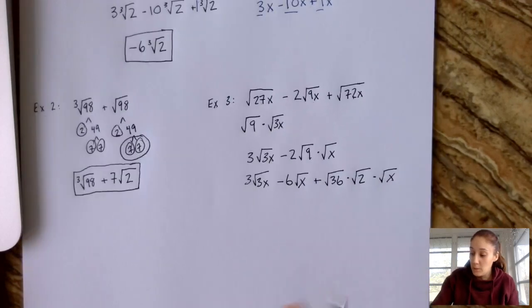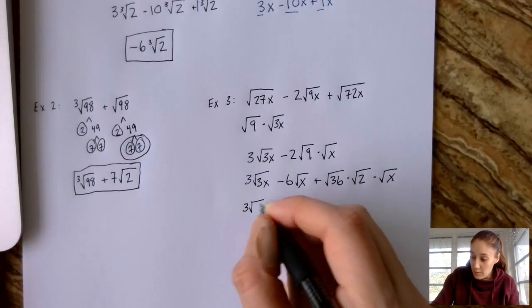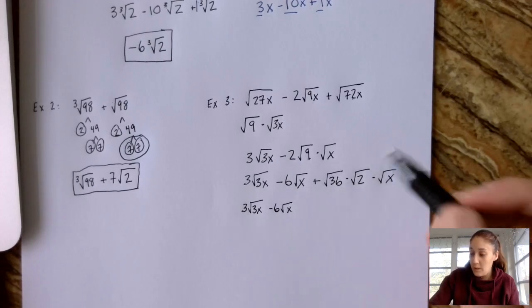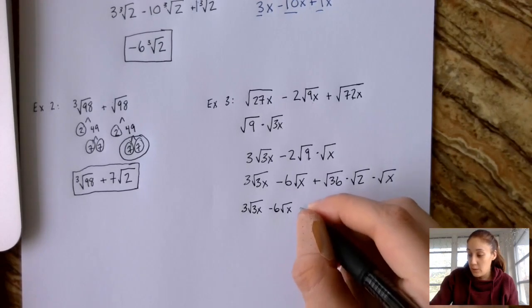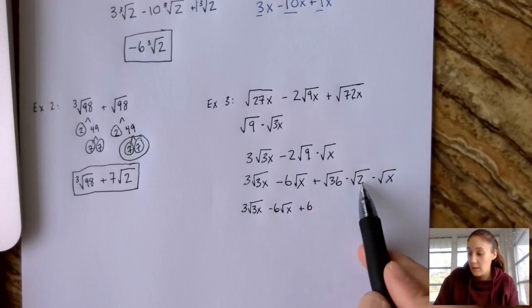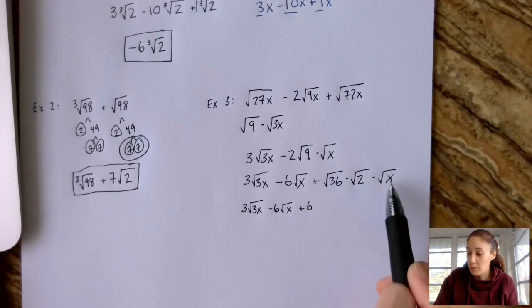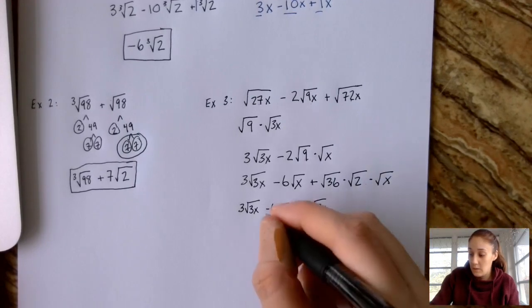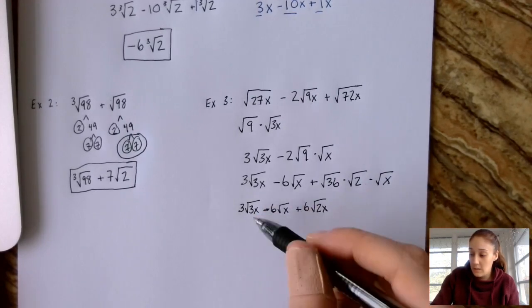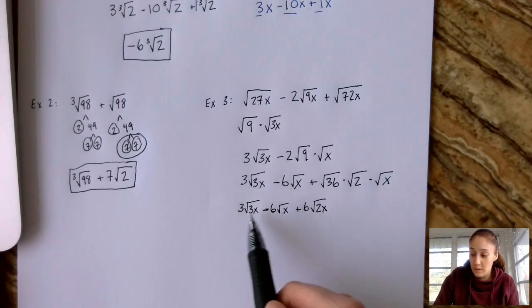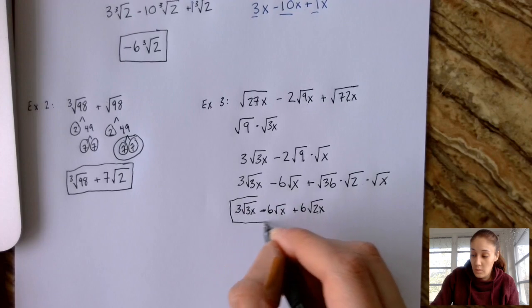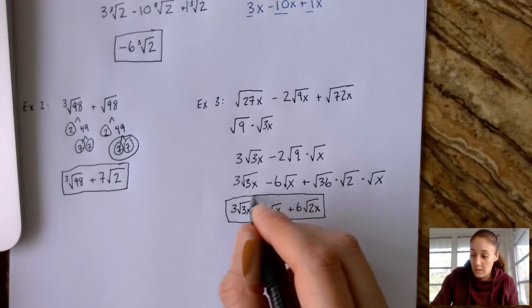But the reason I'm doing that, let me just bring everything down, is now I can do the square root of 36, which is 6, and these don't break down any further, so if I multiply these, I get radical 2x. So you can see that these are not like radicals because none of the radicands are the same. So this is as far as we can go. And that is our final answer.